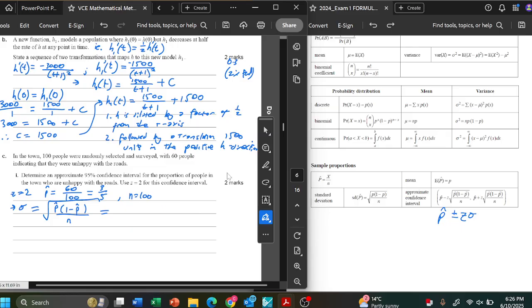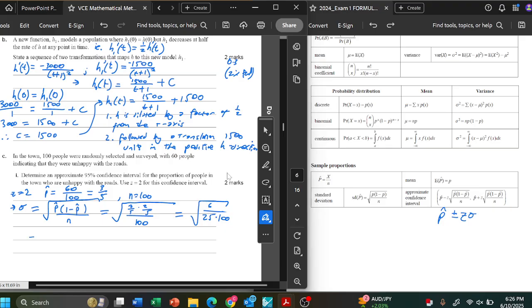That is going to be equal to the square root of 3 over 5 times 2 over 5, that's the probability of failure, which ironically is, I guess, the people who are happy with the roads, and we're dividing that by 100. So 3 times 2 is equal to 6, and then we've got 25 times 100 in the denominator.